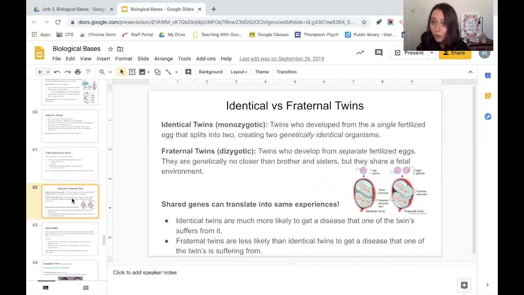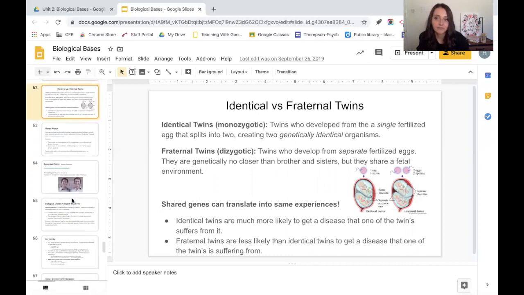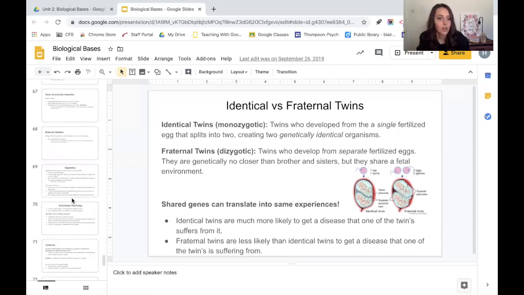You shared a womb, which is cool, but you didn't share the same placenta, and you didn't share the egg and the sperm. So it's just like siblings. So in psychology, we're always going to look at identical twins and compare the nature element of some of these things in psychology.